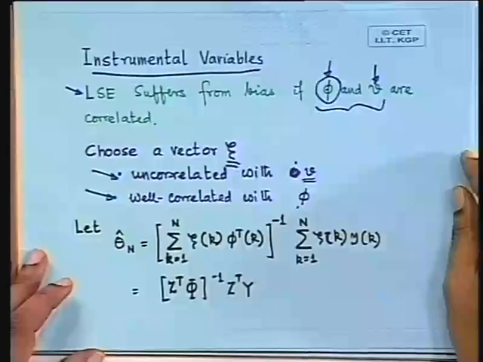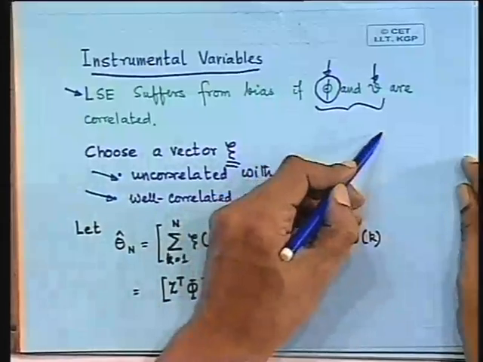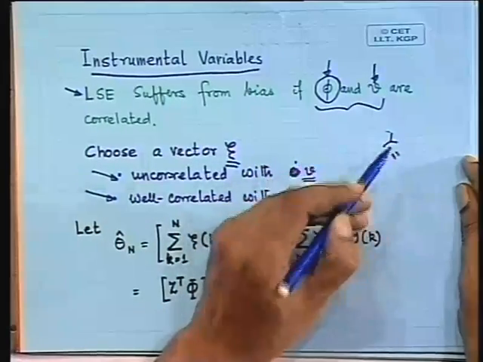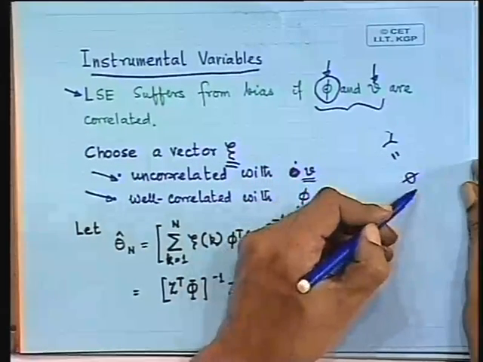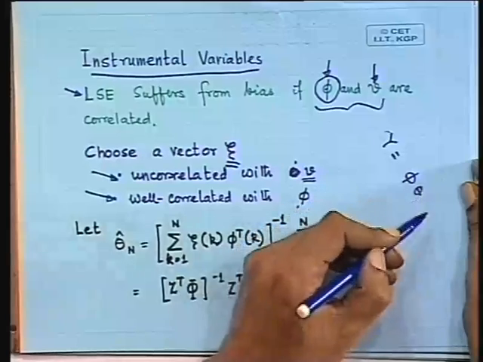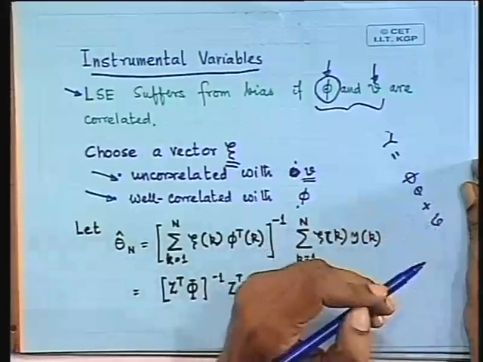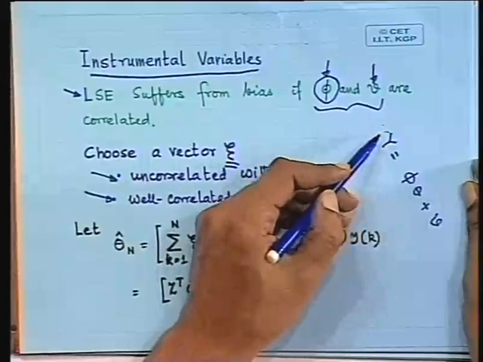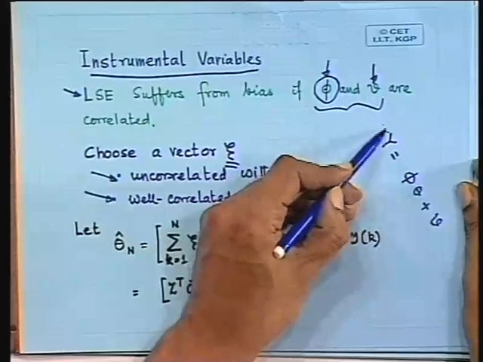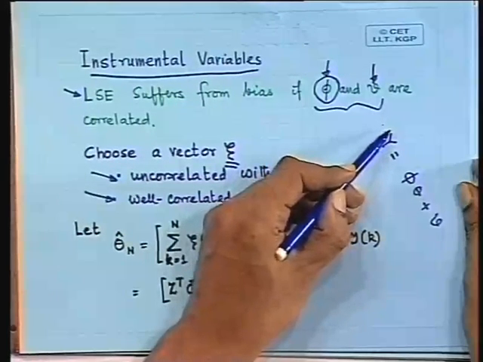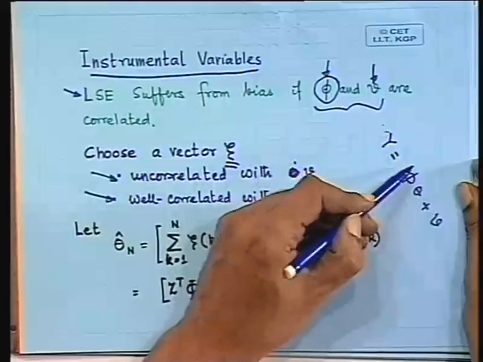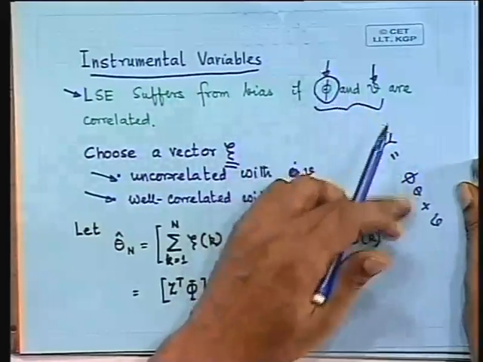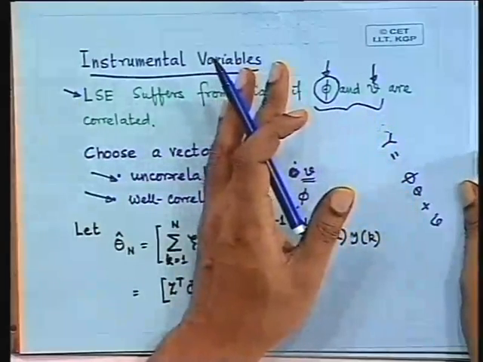How? The whole idea is that you have this equation y is equal to phi theta plus v. This is your model. So what did we do? In obtaining least square, we actually multiplied this side by phi transpose. Then it becomes phi transpose phi. Then we multiplied by phi transpose phi inverse. That's how we got the least square. Correct?